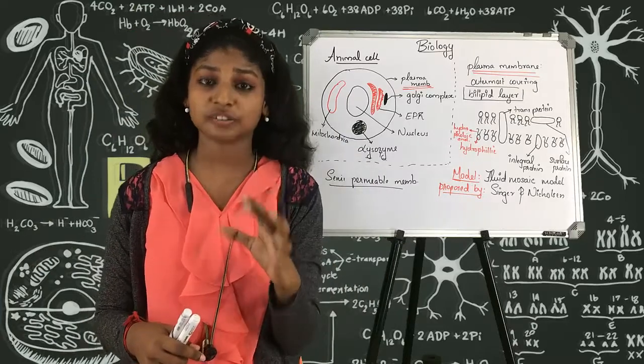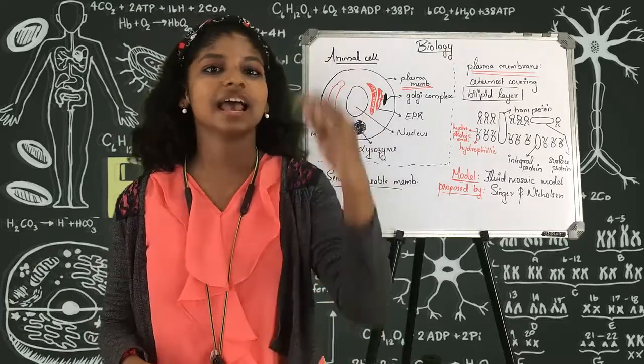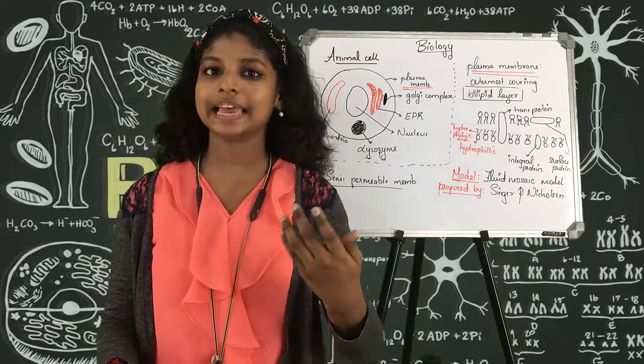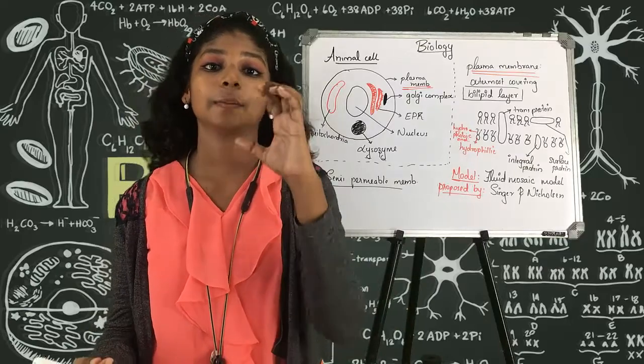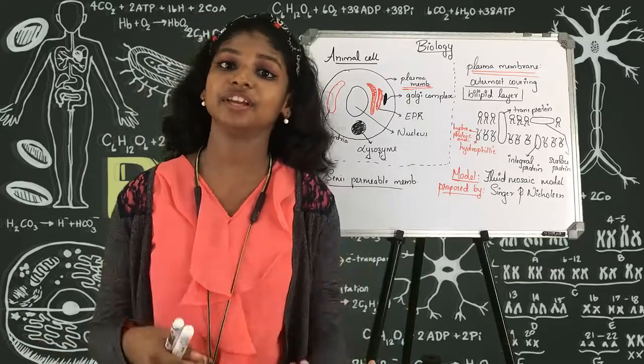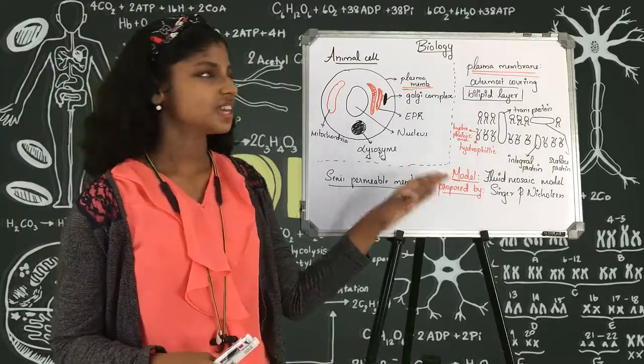But the basic difference is, in the plant cells, it is inside the cell wall. And if you are talking about animal cell, it itself is the outer covering of the animal cell. Hope you understood this.